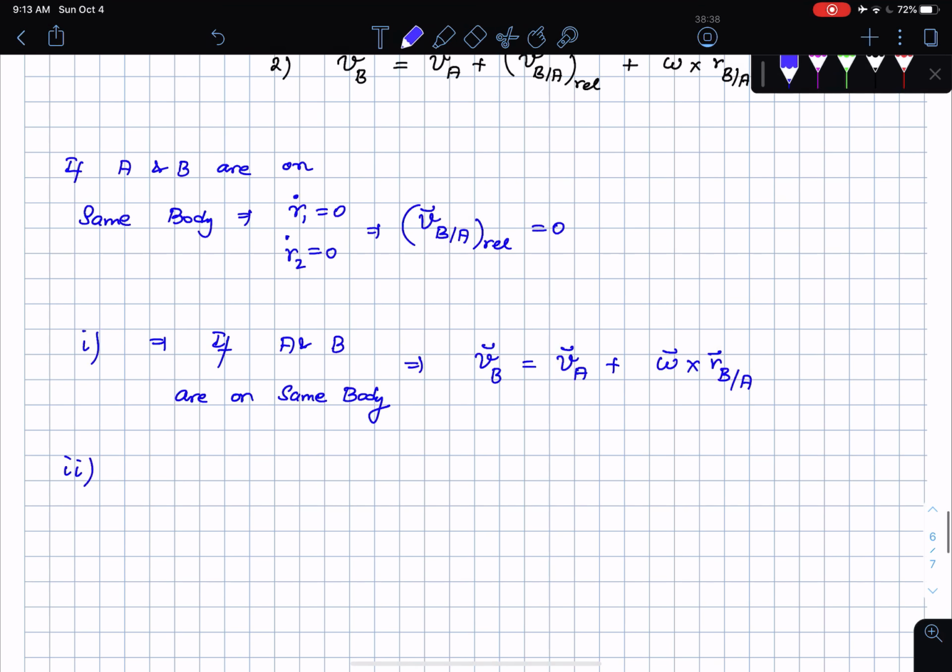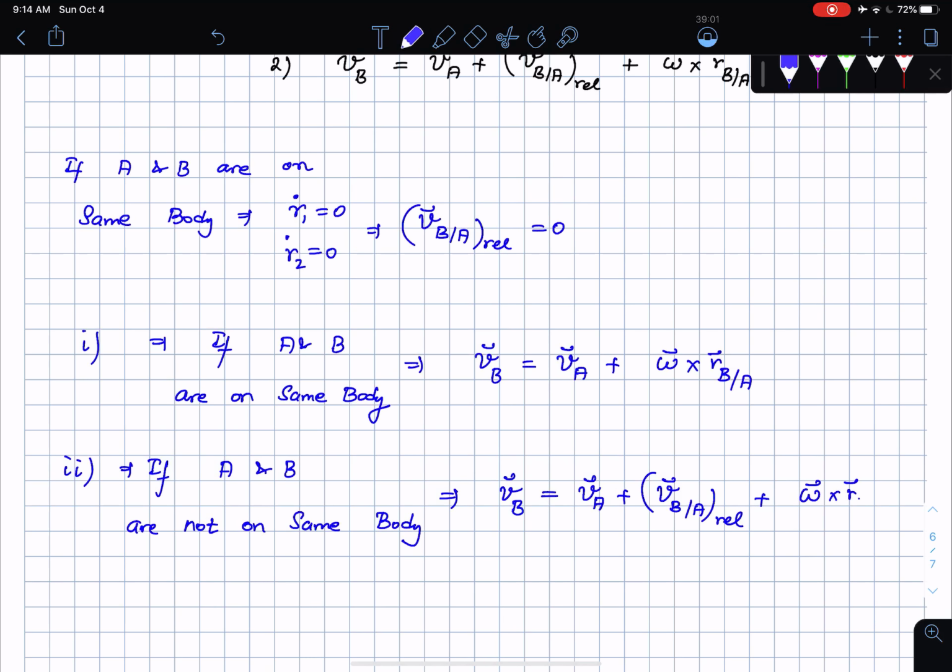If A and B are not on the same body, then I have V_B is equal to V_A plus V_B/A relative, and then omega cross R_B/A.